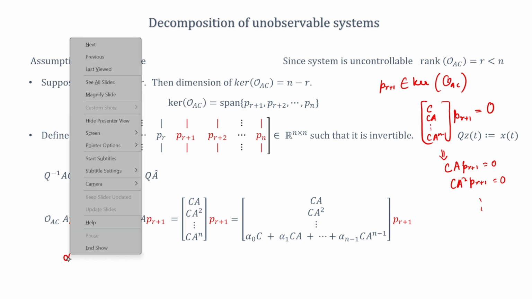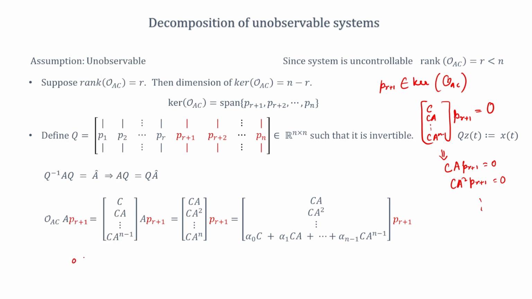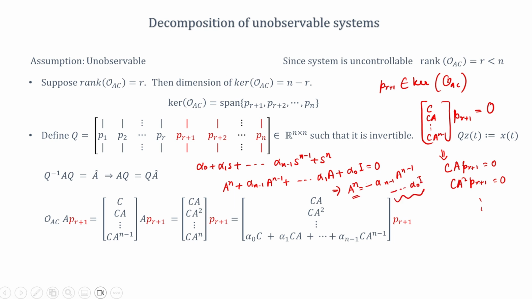If A has a characteristic polynomial of the form alpha naught plus alpha 1 s plus dot dot dot alpha n minus 1 s to the power of n minus 1 plus s to the power of n, then A to the power of n plus alpha n minus 1 A to the power of n minus 1 dot dot dot alpha 1 A plus alpha naught I must be equal to 0, which in turn means that A to the power of n must be equal to minus of this. So A to the power of n can be replaced by a linear combination of A to the power of n minus 1 down to identity. That is what is being done here.